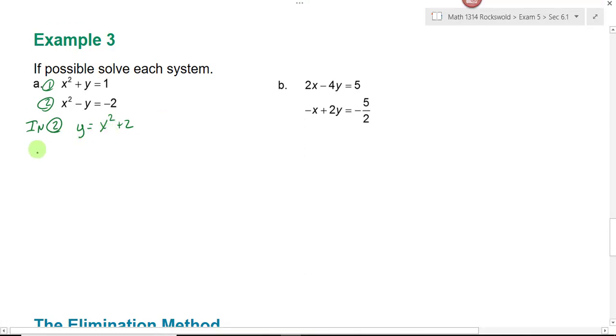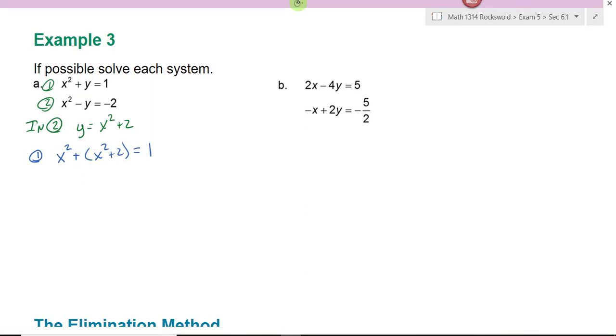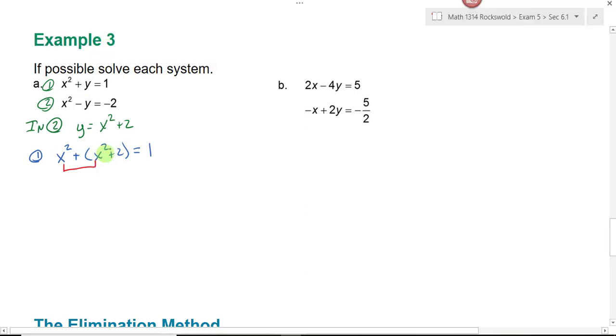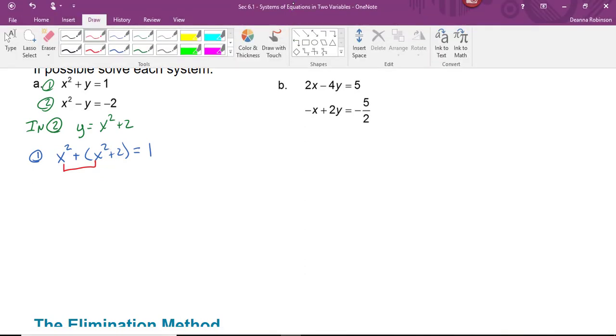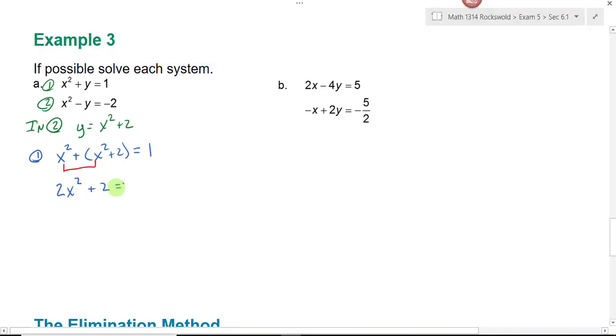x squared plus 2 then is what I'm going to substitute in place of y in equation 1. So equation 1 becomes x squared plus x squared plus 2 equals 1, since I've dropped x squared plus 2 in place of y. Now I combine my like terms, and x squared plus x squared is 2x squared plus 2 equals 1.